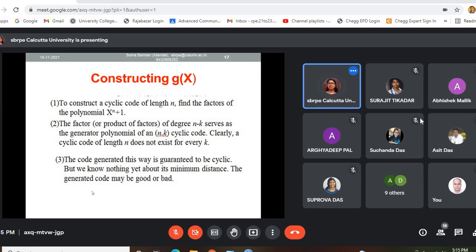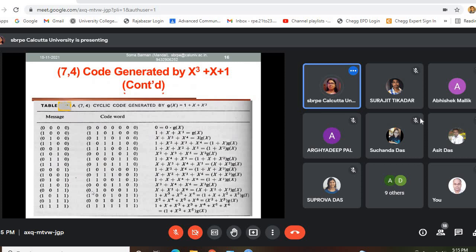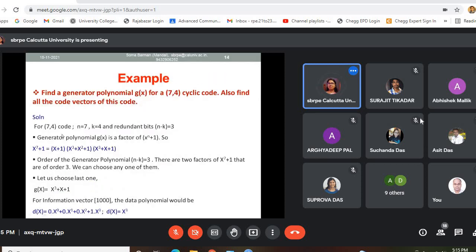Okay. Now to construct a cyclic code of length n, what are we finding? First we are considering the factors of x to the power n plus 1. When we are constructing the cyclic code, first we are constructing the generator polynomial, because the generator polynomial was not given. So the question was to find a generator polynomial.